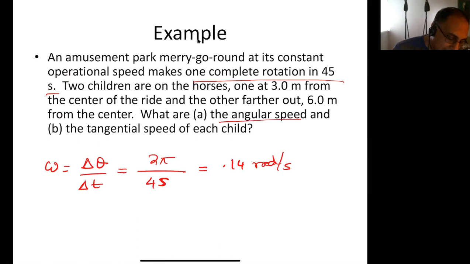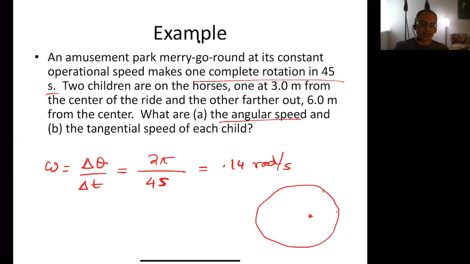Now we have to find the angular speed and the tangential speed of each child. So we are given the distance at which the two horses are. What would the angular speeds of the two horses be? The omegas. So just imagine this merry-go-round is spinning. You've got one horse over here, another one over here. So we found the omega of the entire merry-go-round.